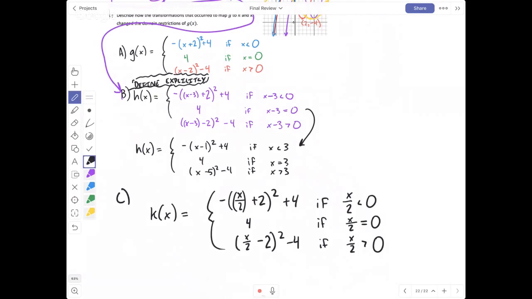Okay, obviously x over 2 equals 0 is just the same thing as x equals 0. But I think it's worth noting the substitution. Well, all we do when we find g of x over 2 is plug in x over 2 for x.